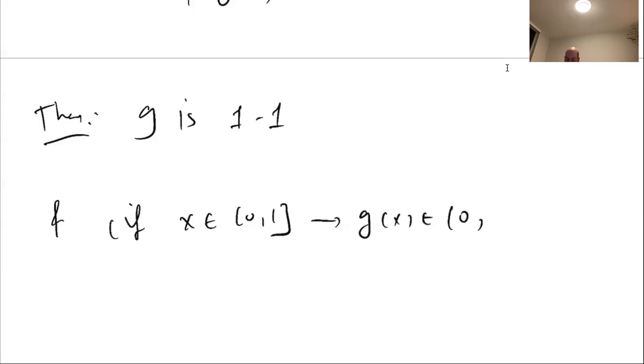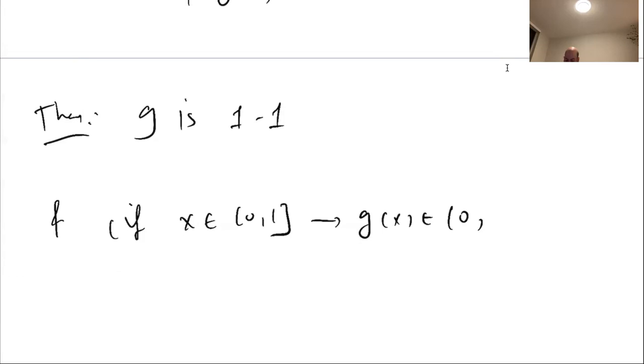Thus, what can we say? Thus, we can say that the cardinality of half open, half closed 0 to 1 is less than or equal to the cardinality of open 0 to 1. So now I have 2 inequalities. Let me call this one 2 and this one 3. So 2 and 3 together, what do they imply?